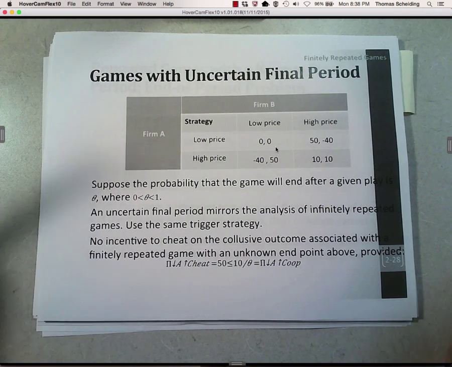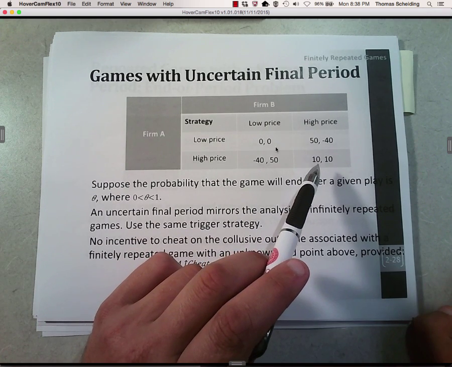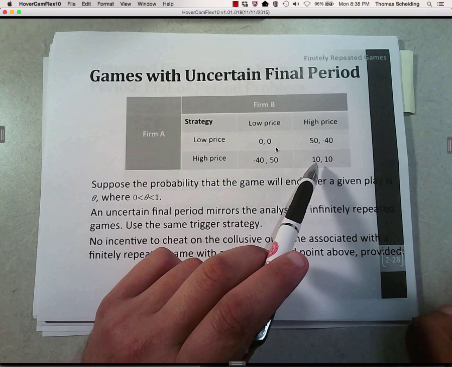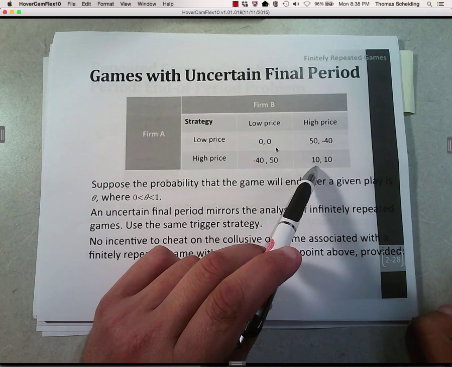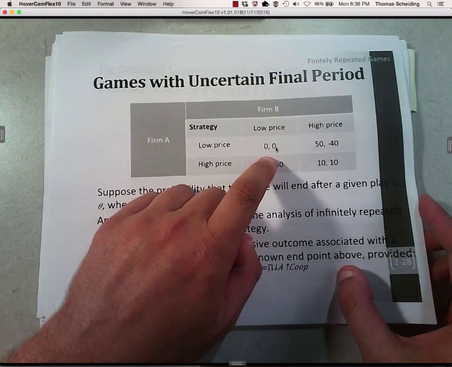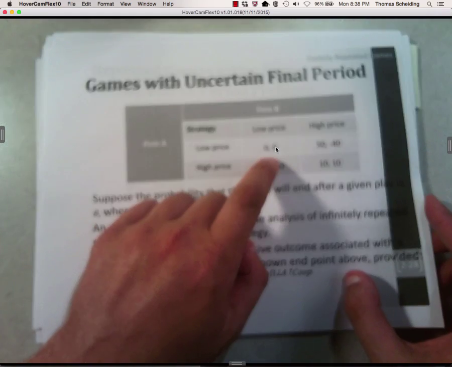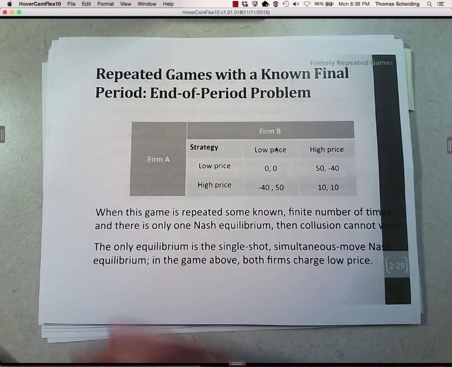But I'm probably going to end up at the same kind of situation where I'll be here initially, but then because of those trigger strategies and the probability of the game being about to end, I may end up at the mutually assured and mutually unhappy equilibrium of the low price, low price.